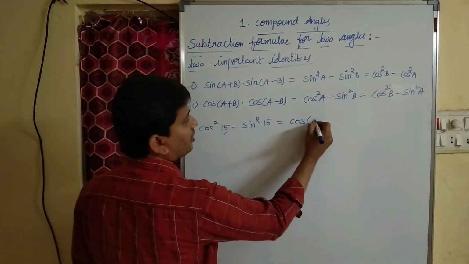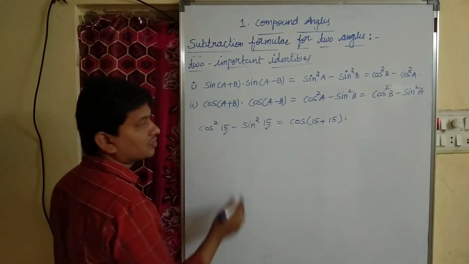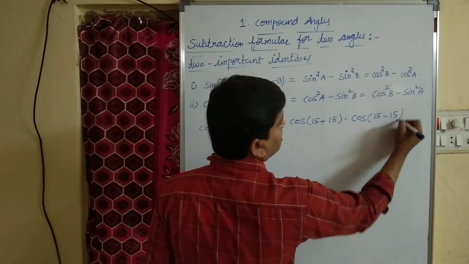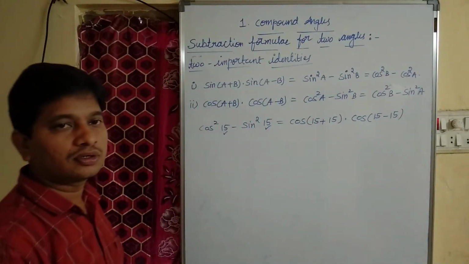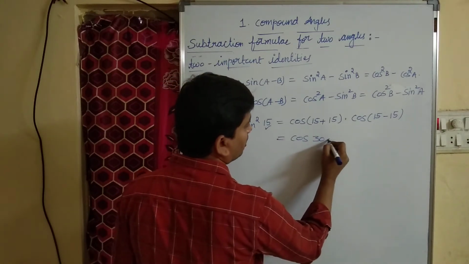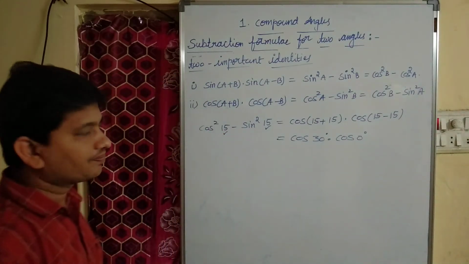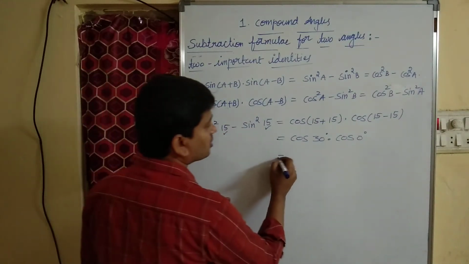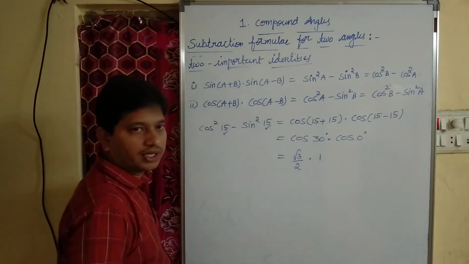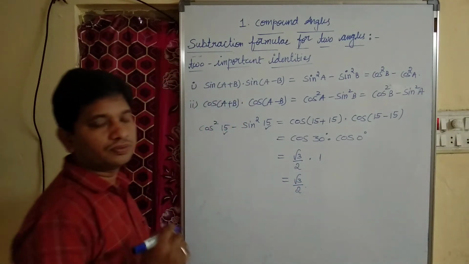Here a is 15 degrees, as well as b is also 15 degrees. So cos (15 plus 15), that is cos 30, into cos (15 minus 15), which is cos 0 degrees. As cos 30 value is root 3 by 2 and cos 0 is 1, so root 3 into 1, root 3 divided by 2.